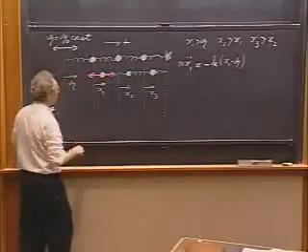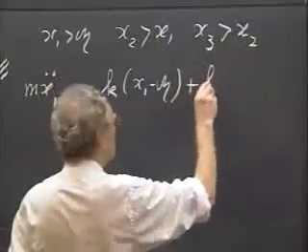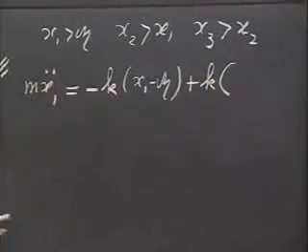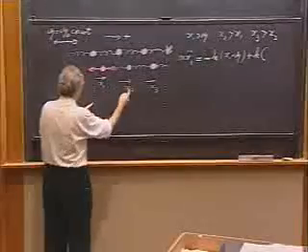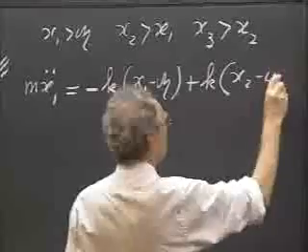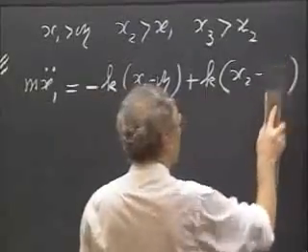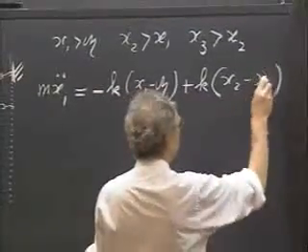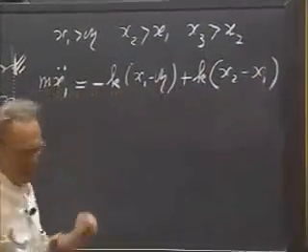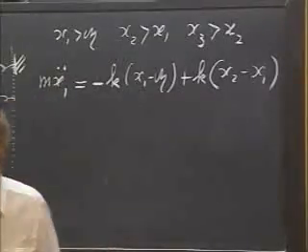And this force is now in the plus direction, is plus k times x2 minus x1, because this spring here is longer than it wants to be by an amount x2 minus x1. That's my differential equation for the first object.